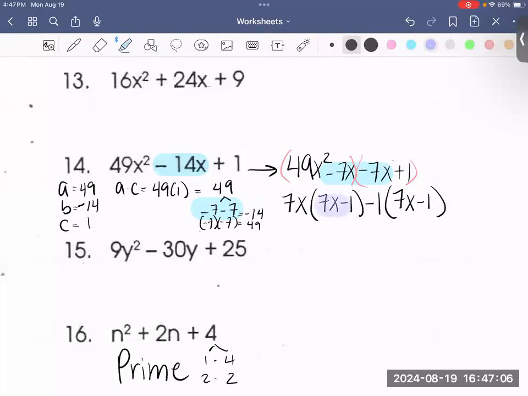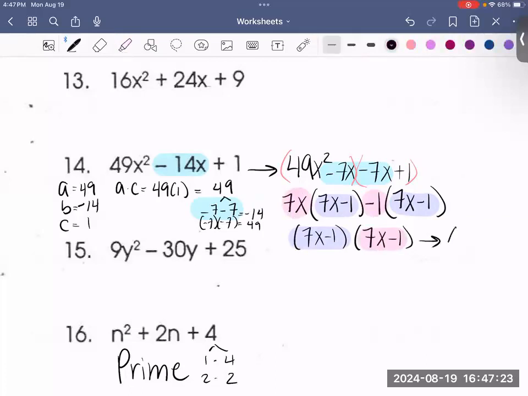So then we get to factor out our two parentheses, which are the exact same, and then it'll leave behind a 7x minus 1 that is from your middle term here. Because there are two of them, we get to just square the top.